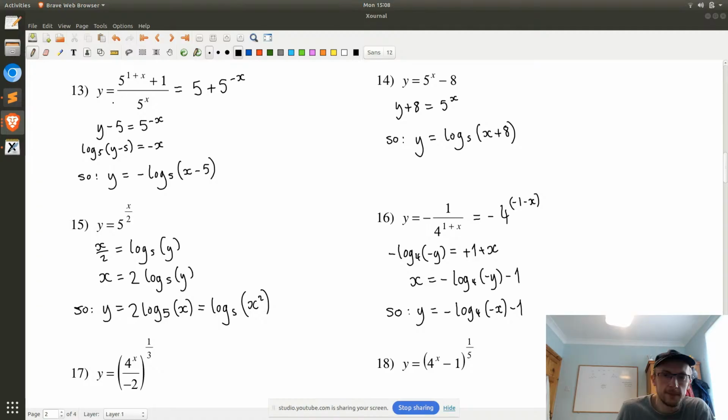Just do it again. No, we don't need to. No. Look. Log base 4 of negative x. That's equivalent to... And then take away 1. Okay, that's equivalent to log base 4 of negative x.